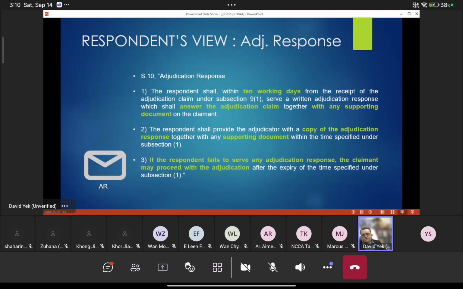And if the respondent fails to serve the adjudication response, the claimant may proceed with the adjudication after expiry of the 10 working days. That means to say that SOPA is like a gravy train. You just travel only. Whether you manage to catch the train or not is entirely a different story. So it will just proceed as it is.